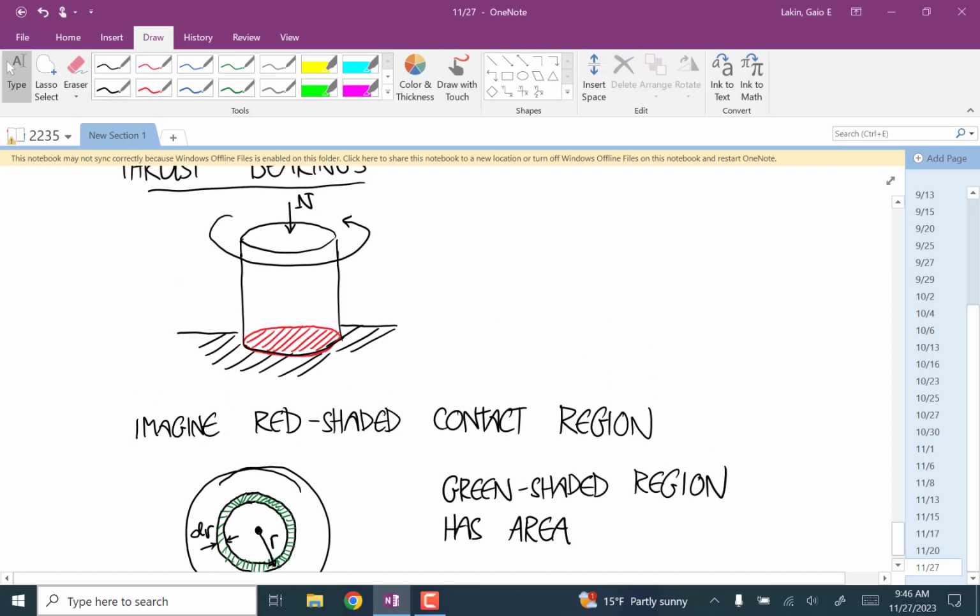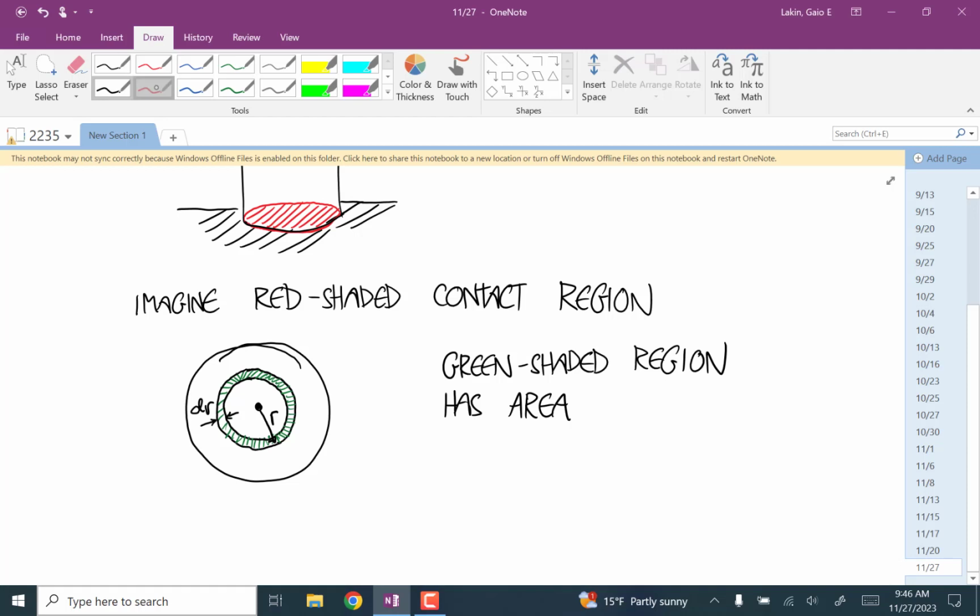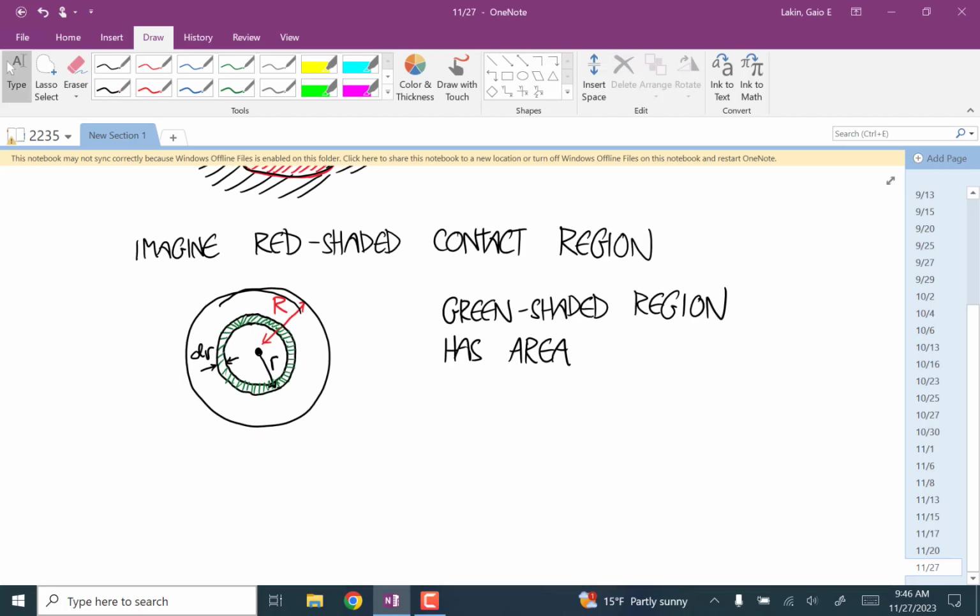The radius of the whole thing, we're going to call capital R. So this is like a constant we're going to use. So the green shaded region has an area dA, it's infinitesimal.